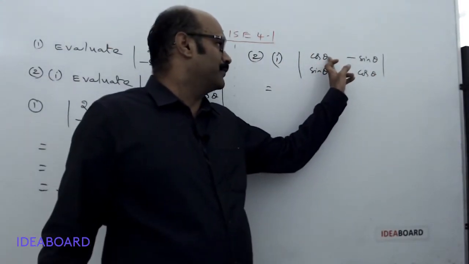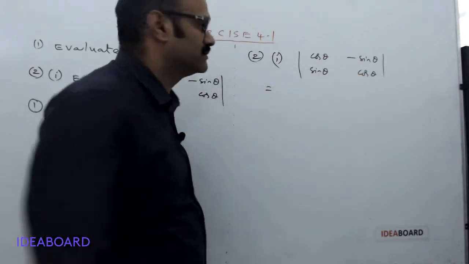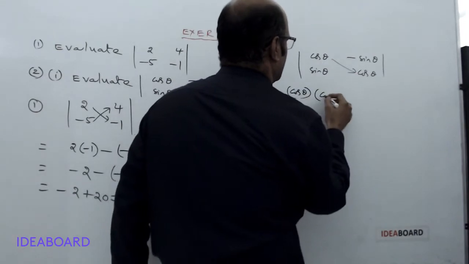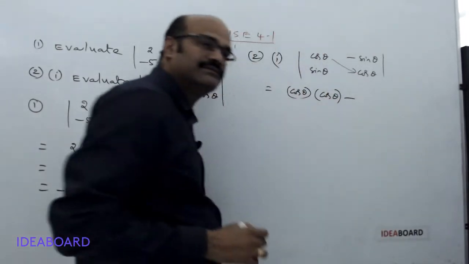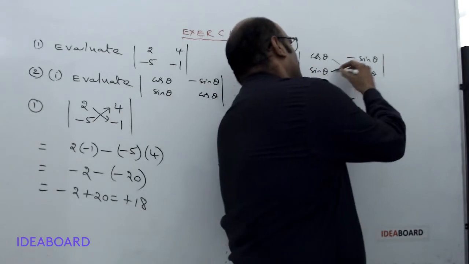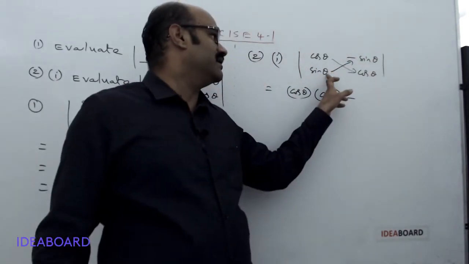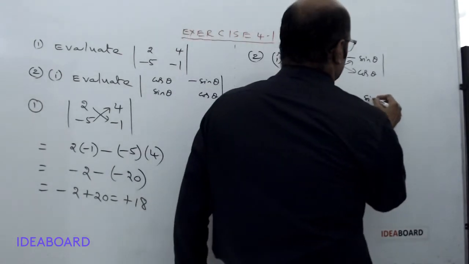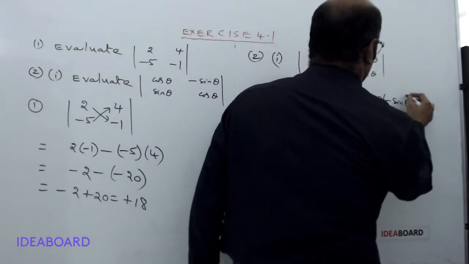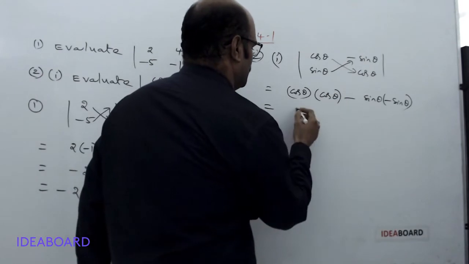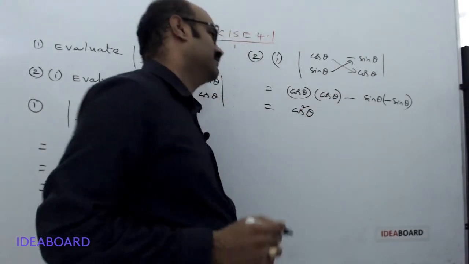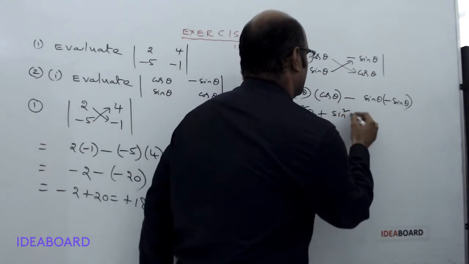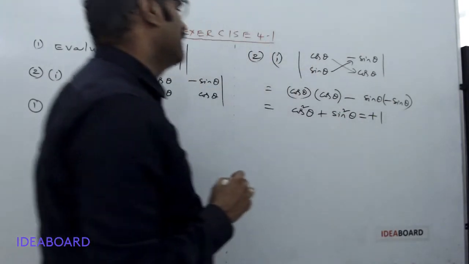Here also it is the same: product of the principal diagonal elements, cos theta into cos theta, minus product of the secondary diagonal elements, sin theta into minus sin theta. So cos theta into cos theta equal to cos square theta, minus into minus plus sin square theta. So cos square theta plus sin square theta is always equal to plus 1.